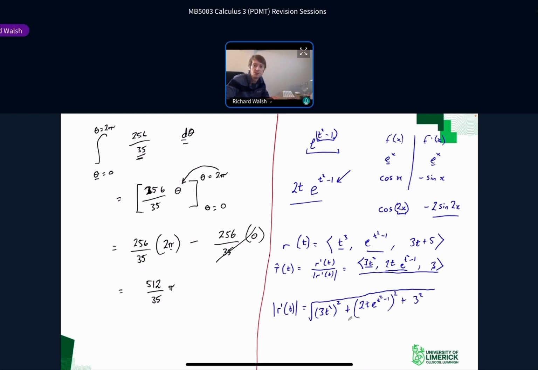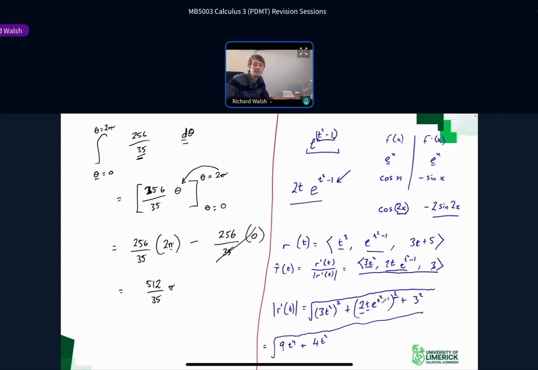So this will give us our magnitude once we work that down. So the square root. 3 squared is 9. t squared squared is t to the 4. Plus 2 squared is 4. t squared is t squared.